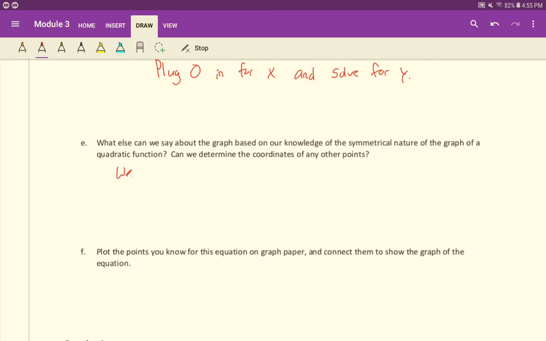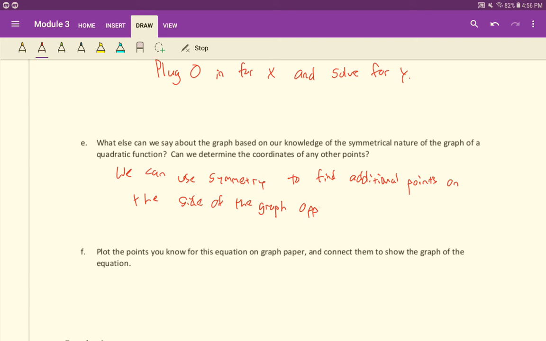We can use symmetry to find additional points on the opposite side of the graph, the side opposite the axis of symmetry.